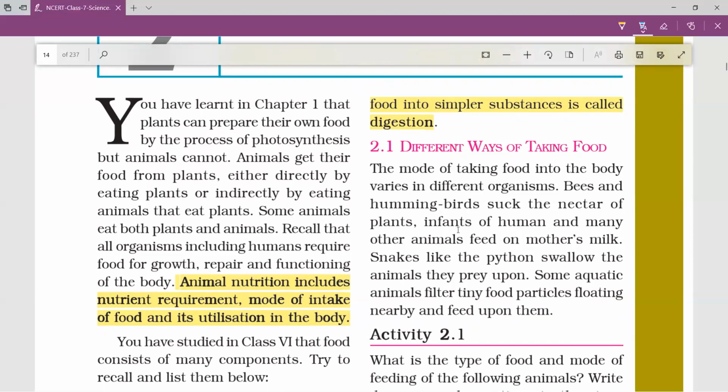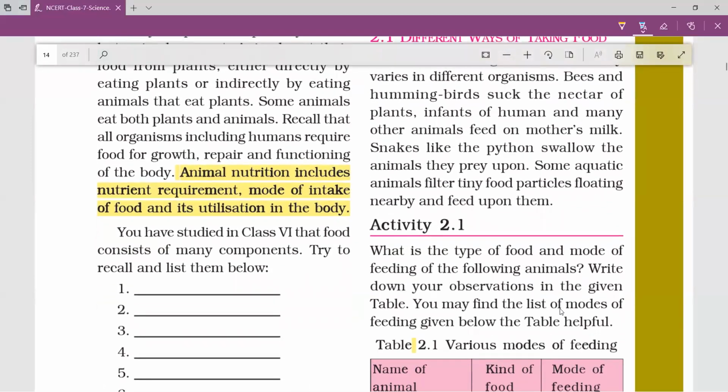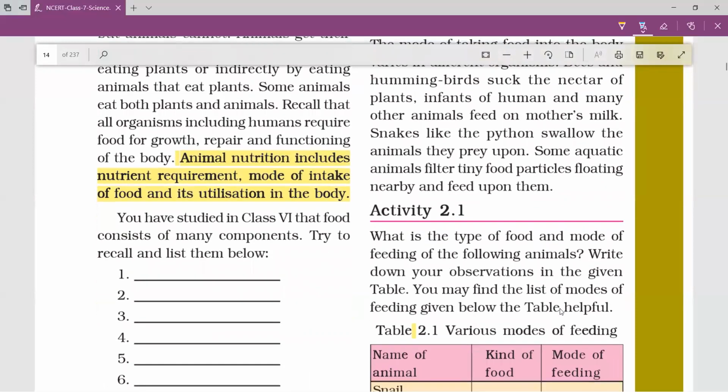Some animals suck the food, like bees, butterflies, and hummingbirds. And some animals swallow the food. That depends on the animal; their style of taking food is different.